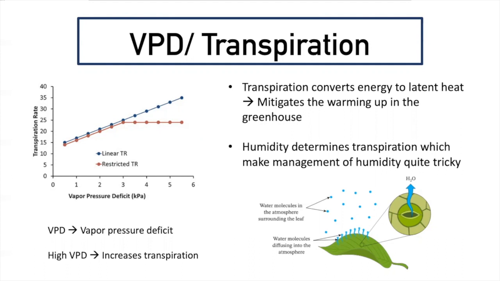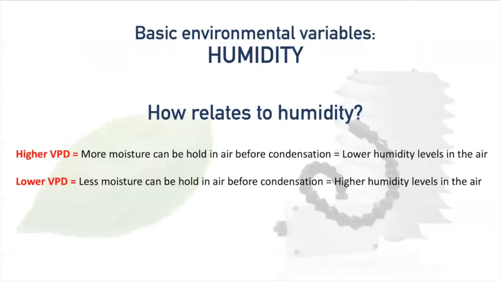Transpiration converts energy into latent heat, and latent heat mitigates the warming up in the greenhouse. So this is an effect of transpiration on temperature inside of growing systems. Now, humidity can also affect temperature and can also affect transpiration. Actually, relative humidity determines transpiration. We know higher VPD levels increase transpiration, and higher VPD levels are usually related to low humidity levels in the air.